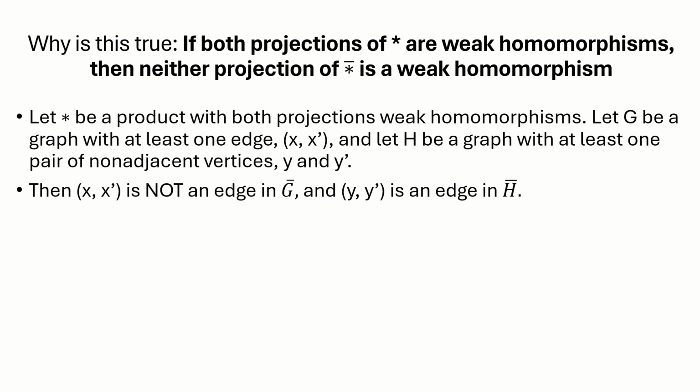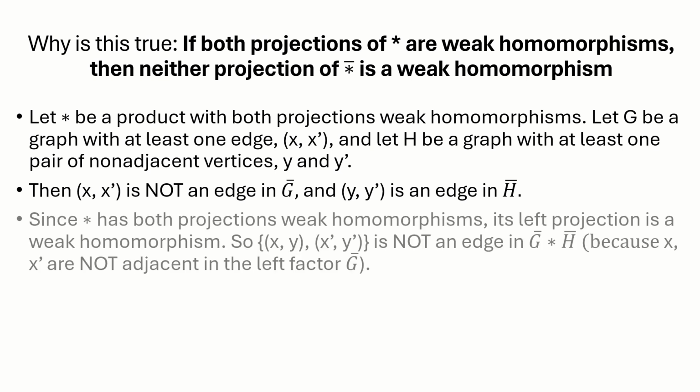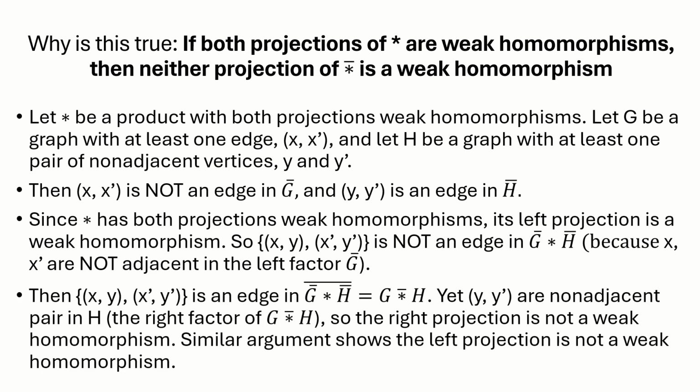Now, consider the graph complement of G times the graph complement of H. Since star's left projection is a weak homomorphism, x, y, x prime, y prime is not an edge of this product, as x, x prime is not an edge of the left factor, the complement of graph G. Since it's not an edge of this product, it will be an edge of the complement of this product, which is nothing more than the complementary product of G with H. Yet y, y prime is not an edge in H. Therefore, the complementary product's right projection is not a weak homomorphism.